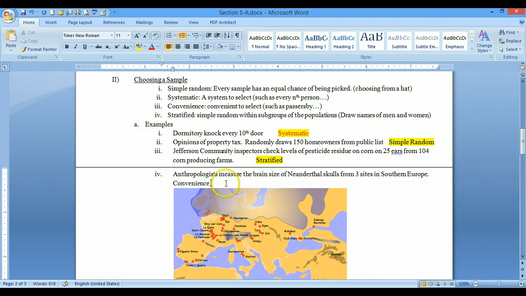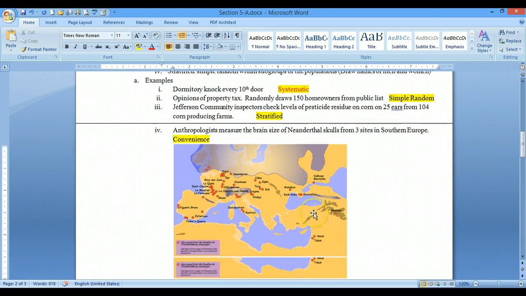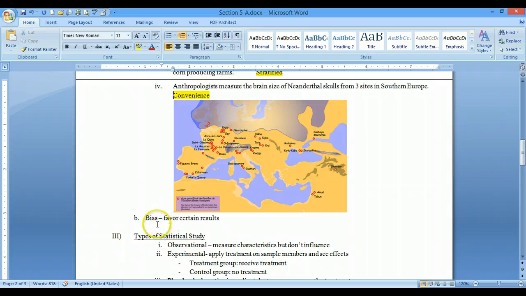Convenience because they are all close together. All right. A quick little note, the definition of bias is when you favor certain results. In the next section, we'll go into different ways of bias, such as sampling bias and participation bias.